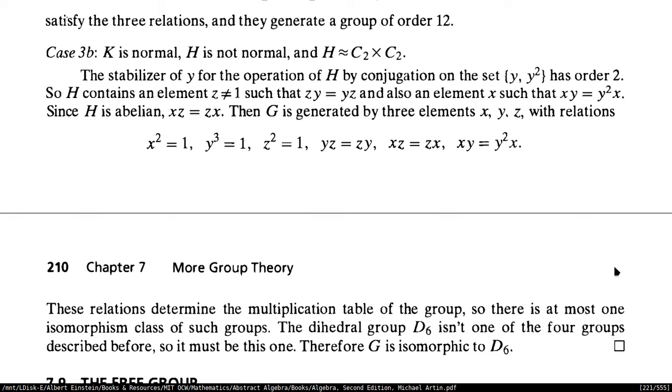So that means that we have an element other than the identity, one that commutes with y, and one which, when you conjugate, you get y squared. We know H has 4 elements, so it has 2 non-trivial elements.